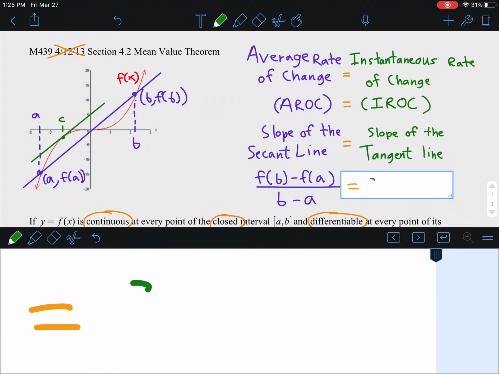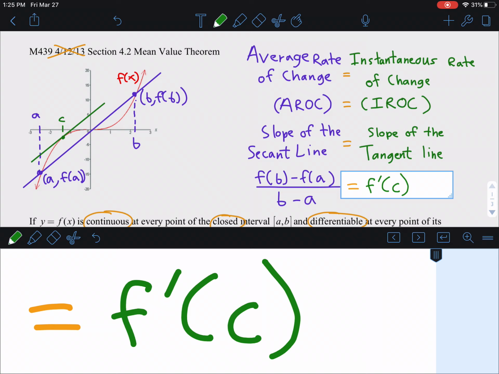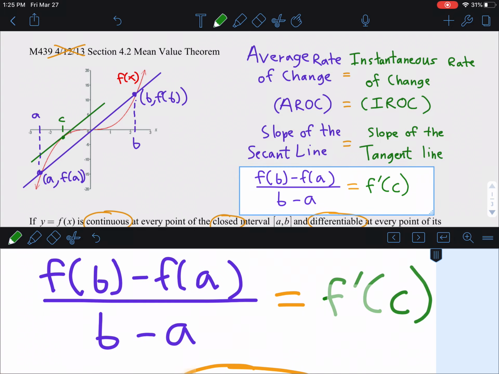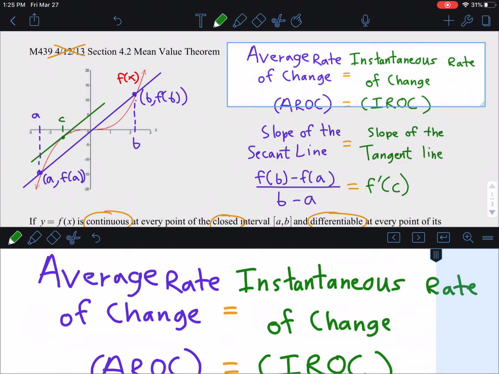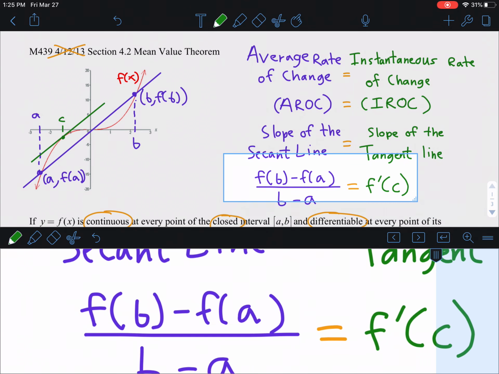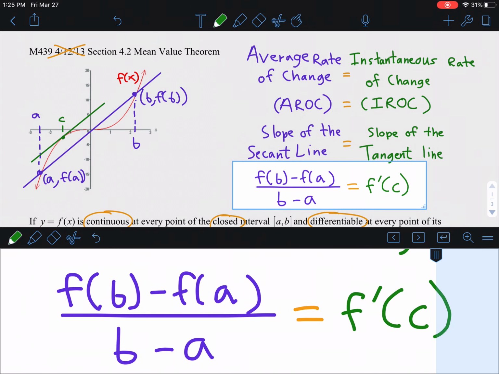I'm going to take the derivative of f and plug in c. So this is 4 ways of stating the same idea. The reason I'm showing you so many ways of talking about this idea is that these are all the ways a mean value theorem question could be asked.